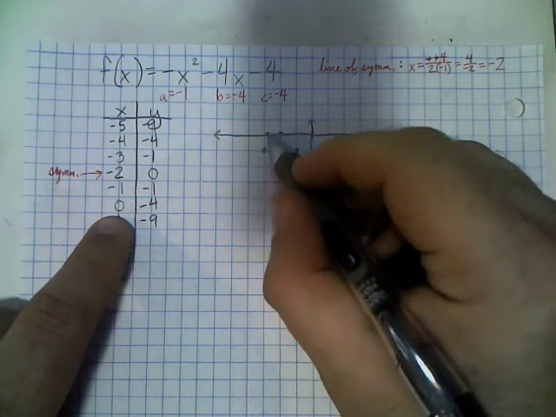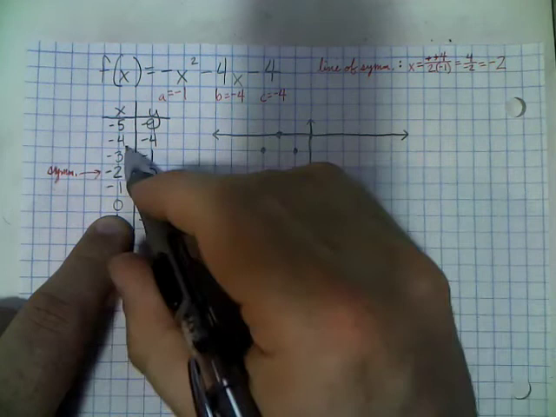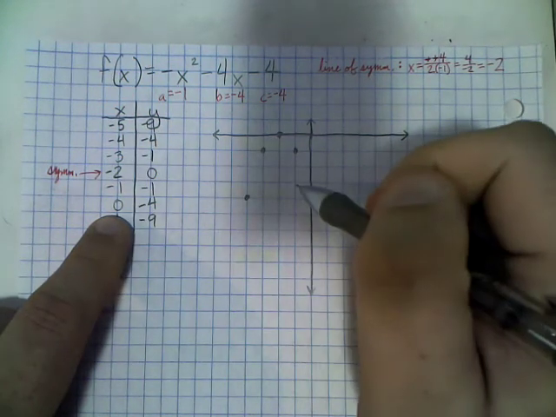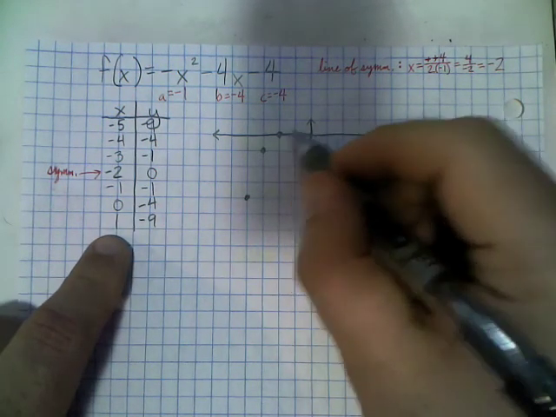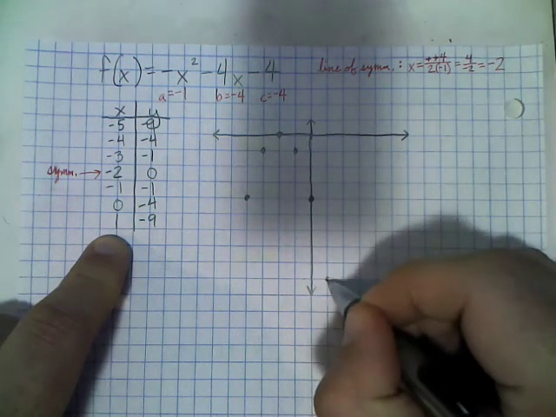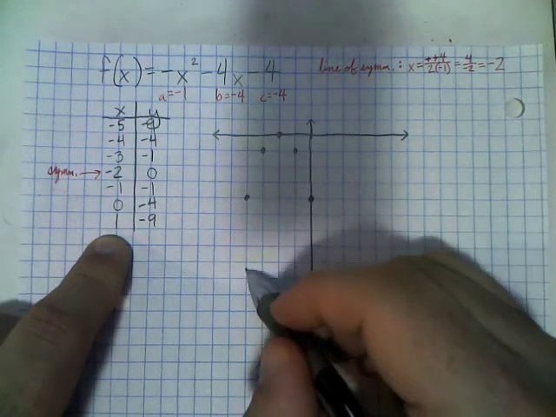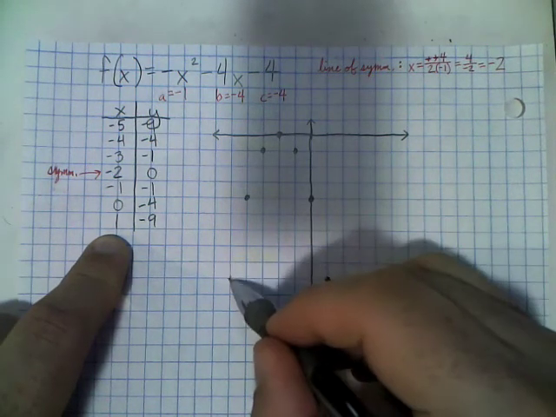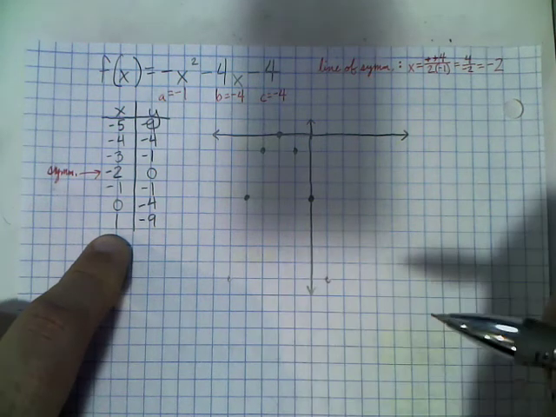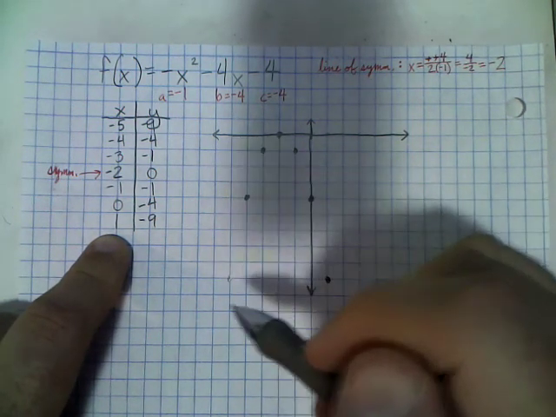So when I go 2 to the left, we should also be down at negative 4. Well, that's negative 4, comma negative 4. And then finally, when I go 1, 2, 3 to the right, that's where x is 1. This is all the way down where y is negative 9. And so if I go symmetric to that, I should have a negative 9 there, where x is negative 5.